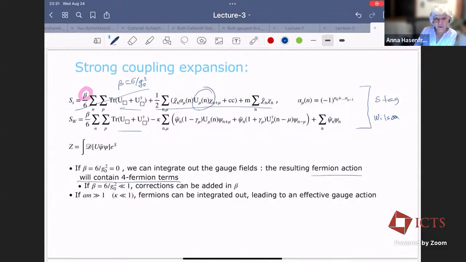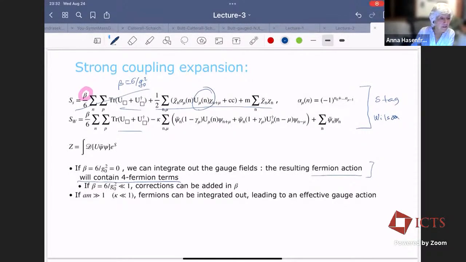Now, these 4 fermion fields are exactly what we are looking for when we look, for example, for new interactions that might trigger new symmetry breaking or new kinds of phases. So this is interesting to look at. It's a non-trivial 4-Fermi interaction, but it certainly leads to the kind of actions we are looking for.